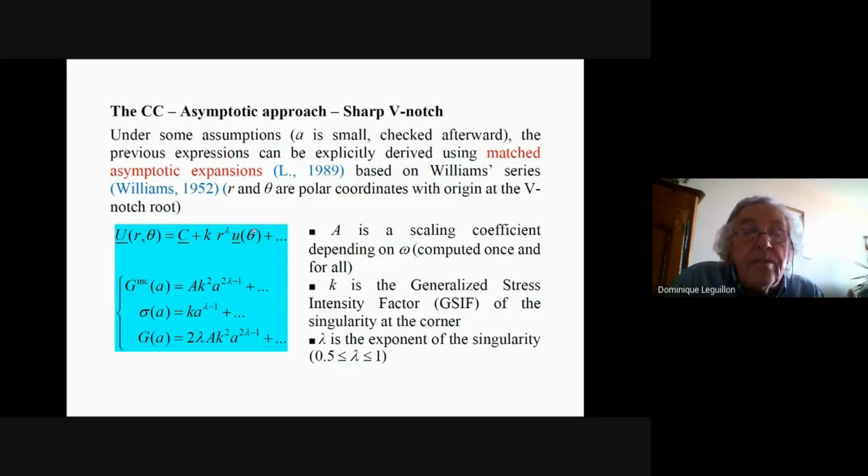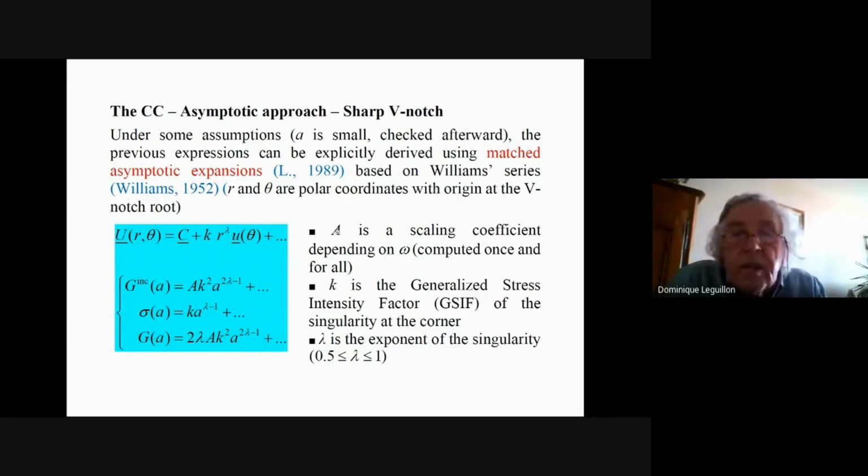So it is based on this expansion of the elastic solution near the tip of a V notch, and from this expansion you can calculate the incremental G. It is expressed in this way. A is a scaling coefficient. It is not the same as the one we have seen for the bar in tension.